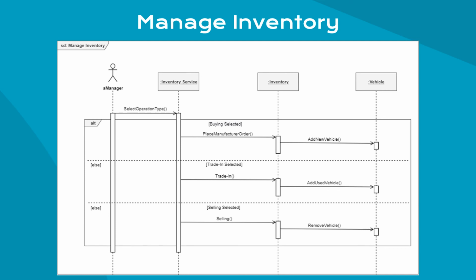The first, if a vehicle is ordered from the manufacturer, an order is placed and then the new vehicle is added. The second, if a vehicle is traded in, that used vehicle is added. And the third, if a vehicle is sold, that vehicle is removed. So this concludes the Manage Inventory sequence diagram.